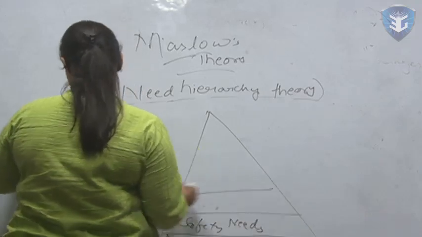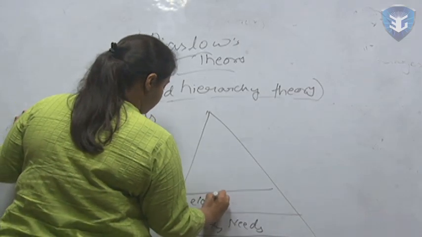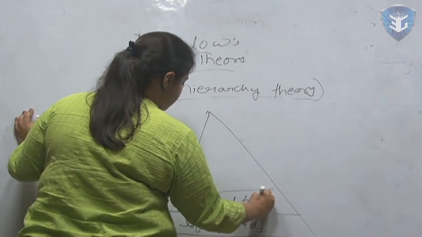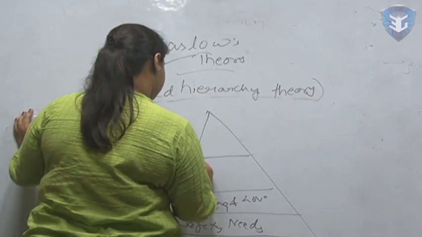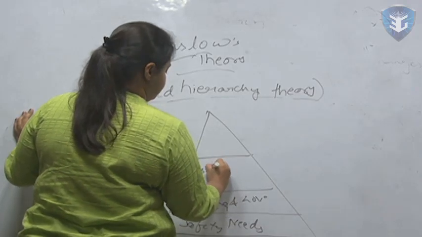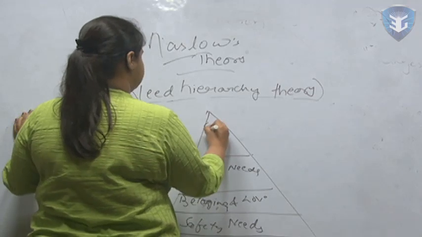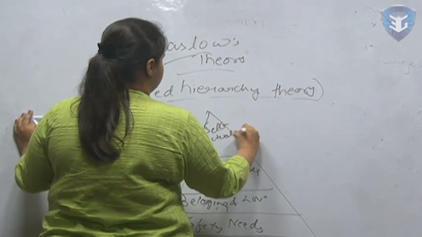Third one is the need for belonging and love. Fourth, esteem needs. And last, self-actualization needs.